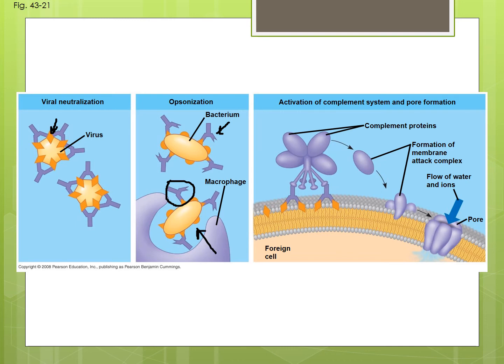And the last way is by allowing these antibodies to work with the complement system, which creates a pore in the membrane, and once that pore is made, then we're going to have water and various ions flowing in. If water flows into the cell, it will of course burst.